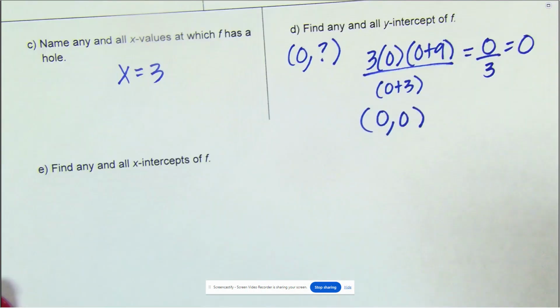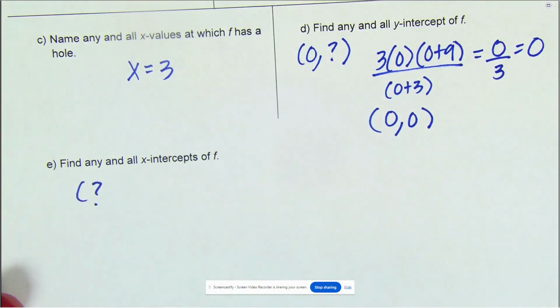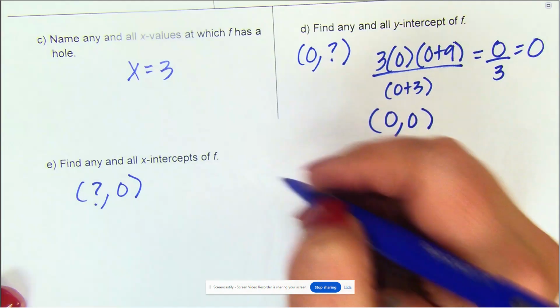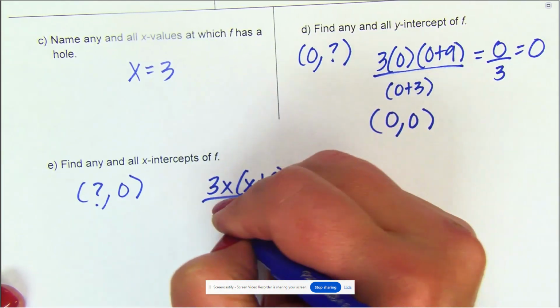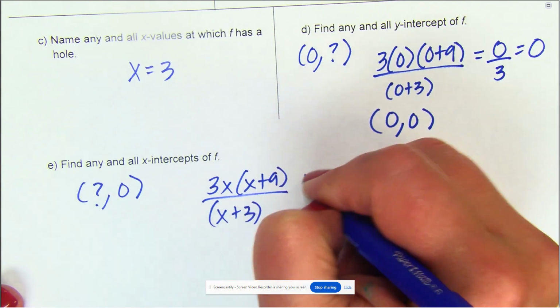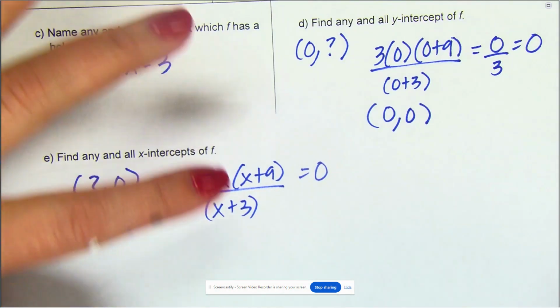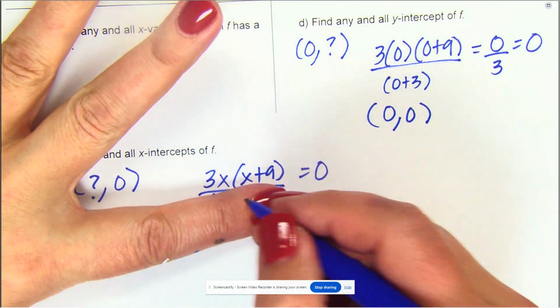Now the x-intercept is when the output is 0. So I want to know what makes this 0. I mean, you could solve it or you could think about this. The only way this can be 0 is if the top is 0, because 0 divided by anything is 0.